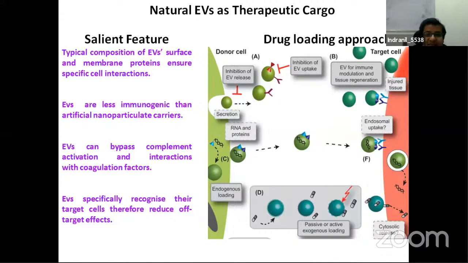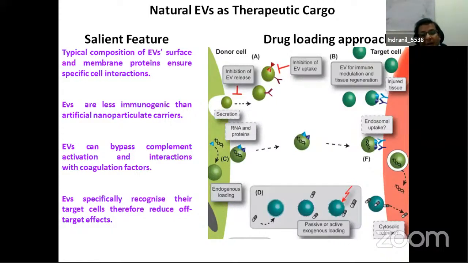Now the question is, whatever we are talking about here, all these three kinds of vesicles are naturally synthesized vesicles. So it is not that we are tampering with their synthesis. When they are being synthesized, they carry the native properties or characteristics of the cells at that particular moment, corresponding to the physiology of the cells.